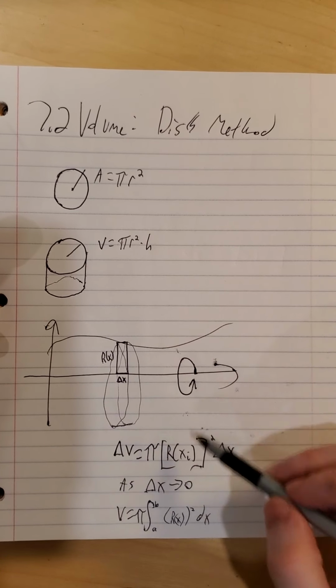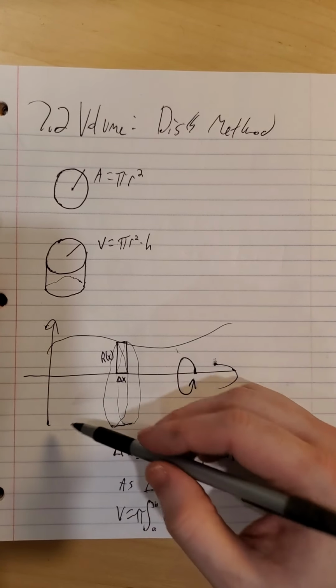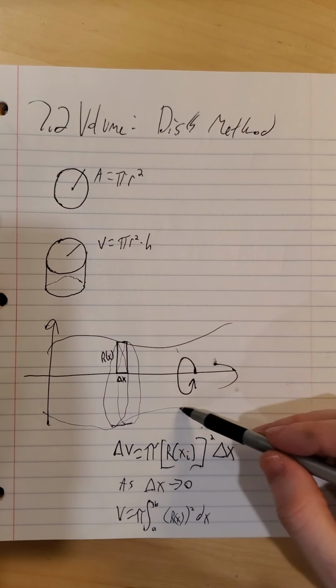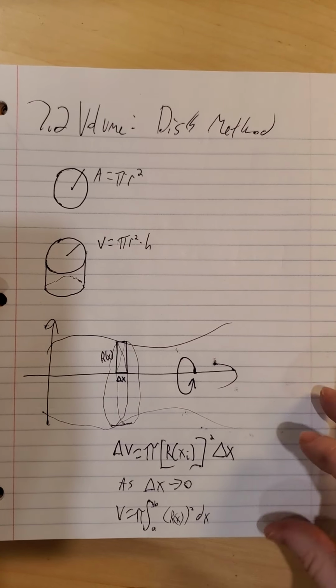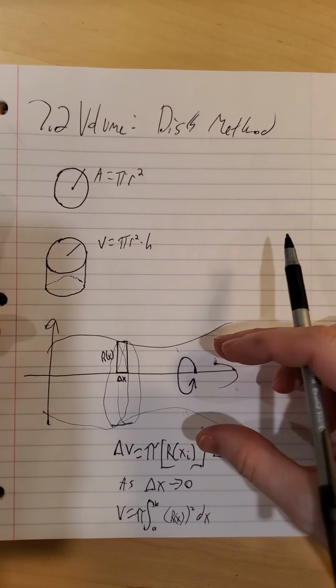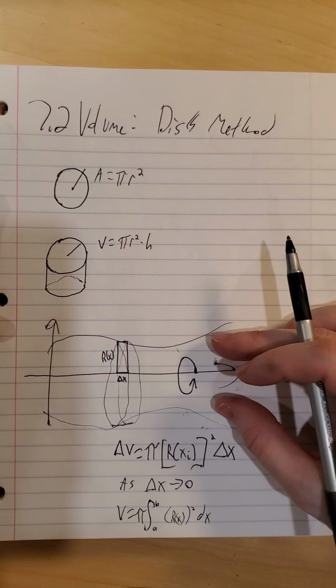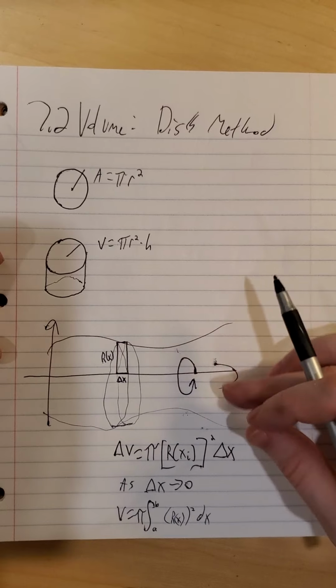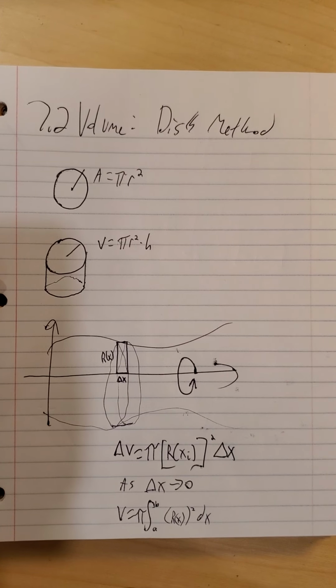And we would get a similar idea if we revolved about the y-axis, just switching our x's and y's. So we're making solid shapes by spinning them about an axis.